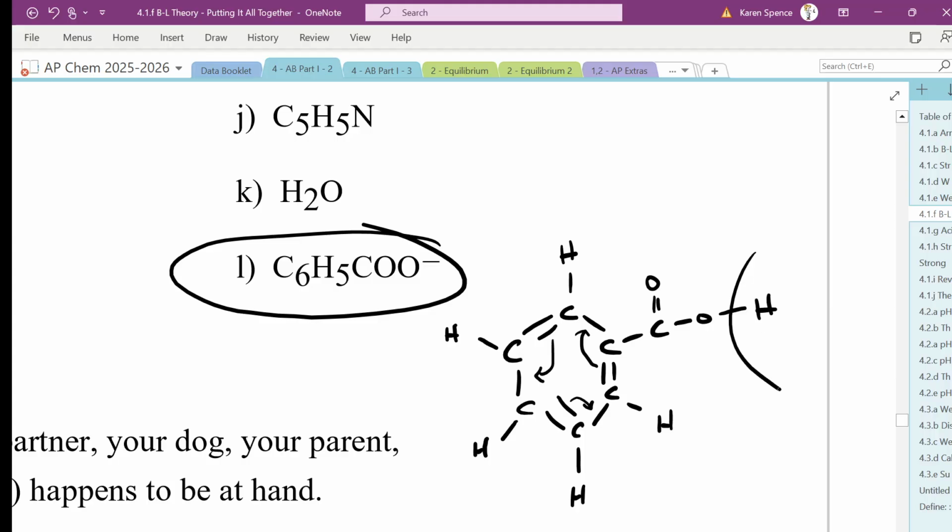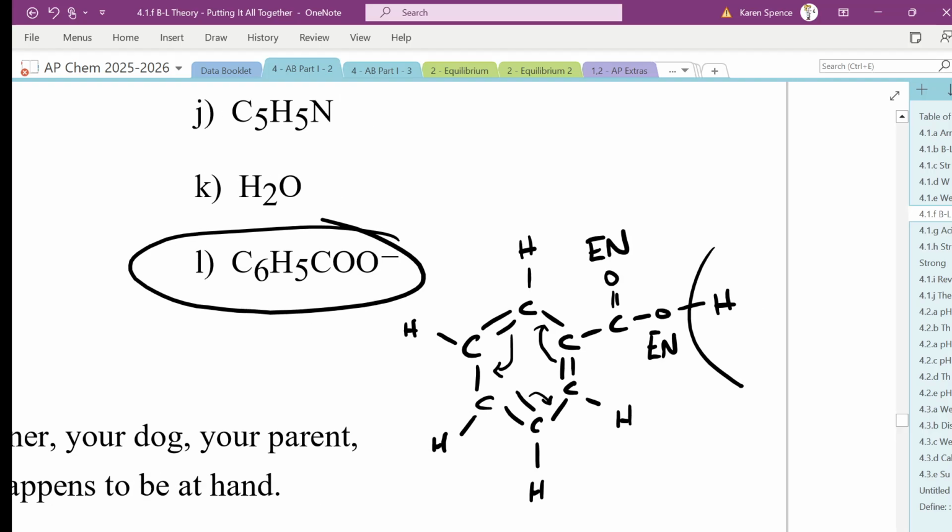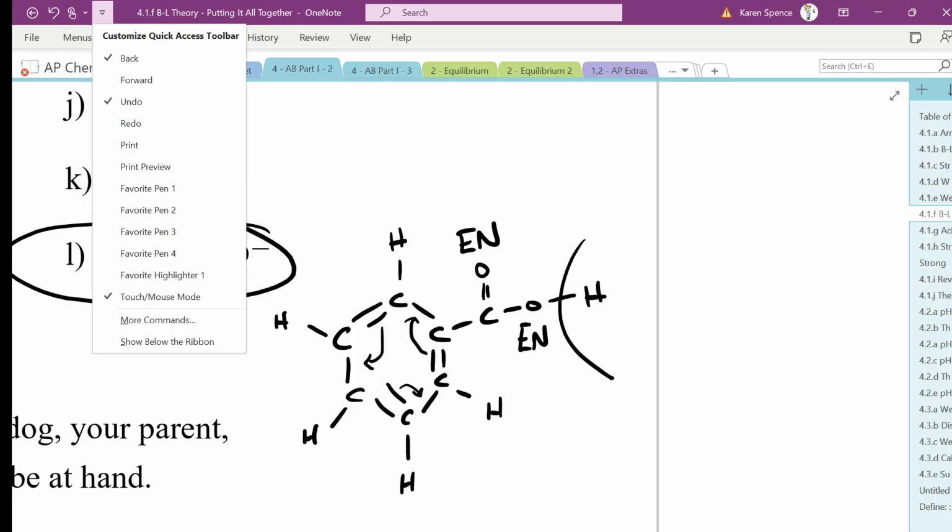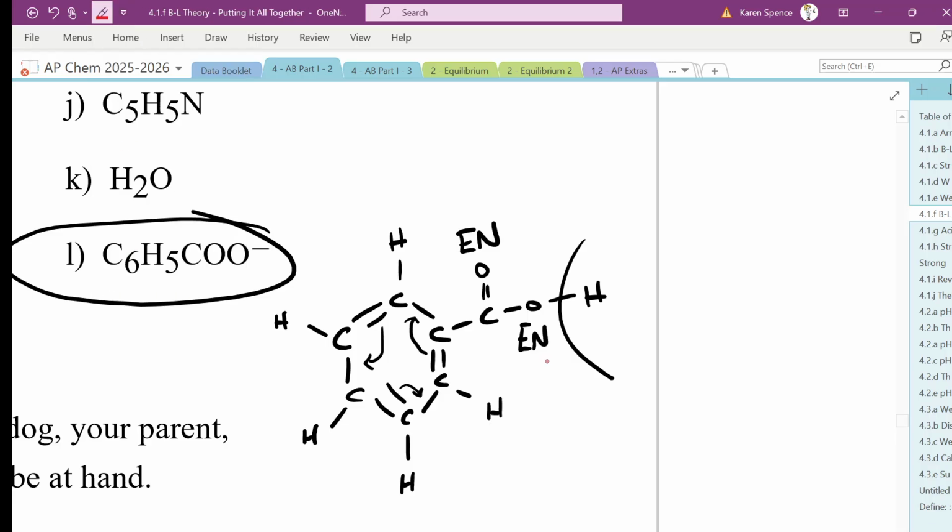This hydrogen can come off because it is right next to a very electronegative oxygen, and there's another electronegative oxygen right here. So those are pulling the electrons away from the hydrogen. So the electrons in this bond here get pulled that way, and the hydrogen comes off and becomes H+, and it leaves those 2 electrons behind.